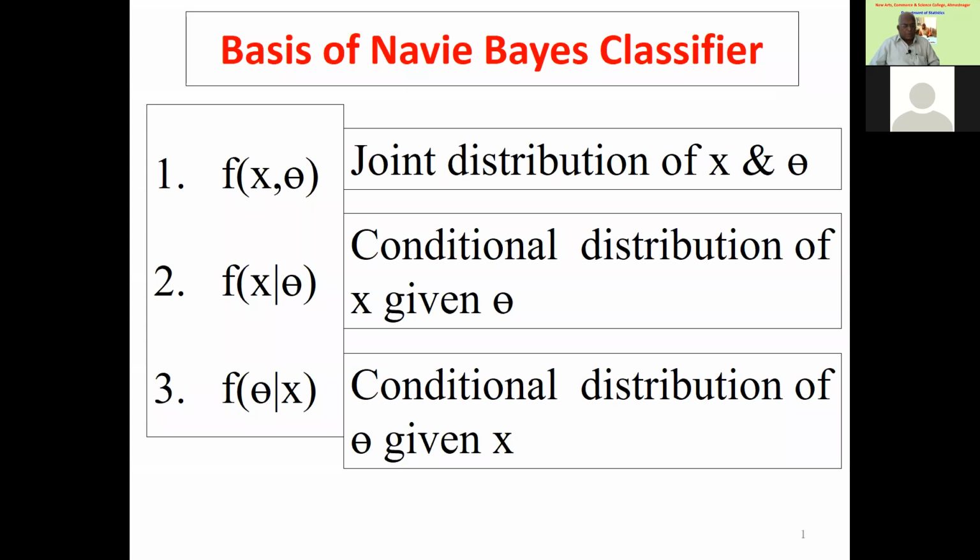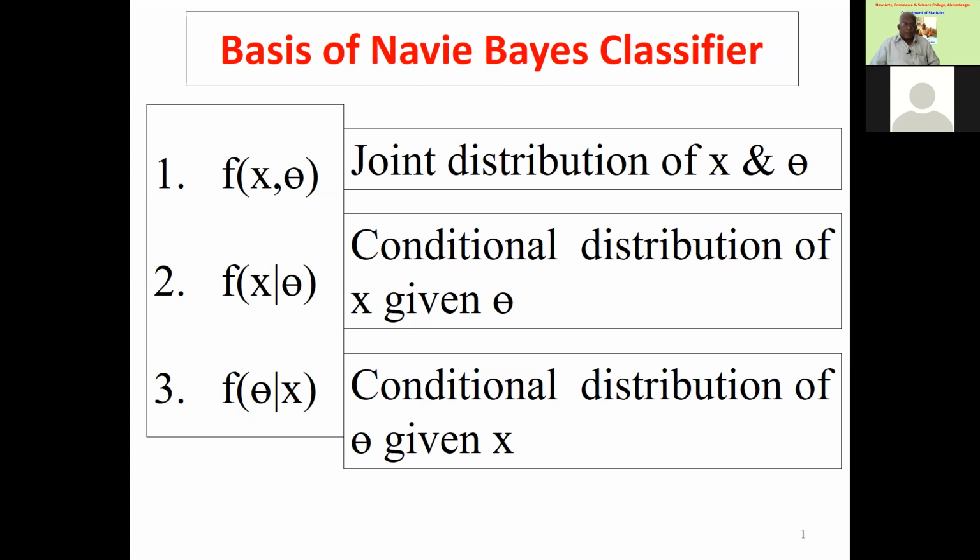Under that given information, we try to find the possible value of theta. So here theta is a random variable, x is given information, and using that information, we try to find the most suitable value of theta that will maximize your conditional distribution of theta given x.